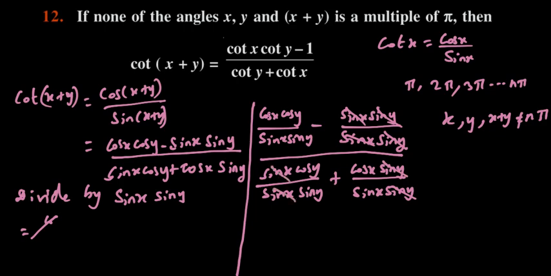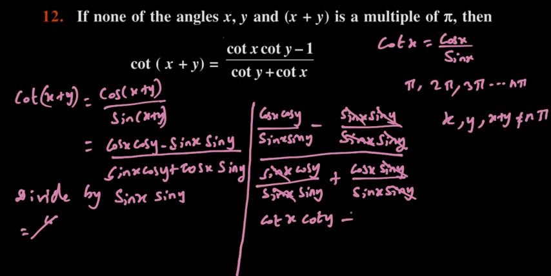So the remaining will be the first term: cos x by sin x is cot x, and cos y by sin y becomes cot y.